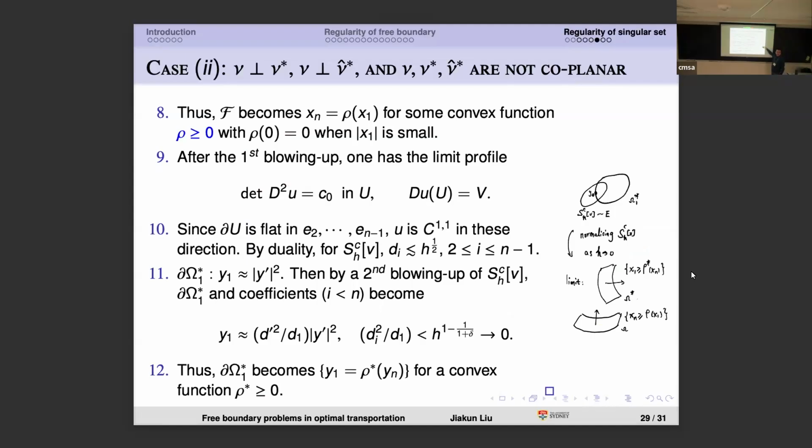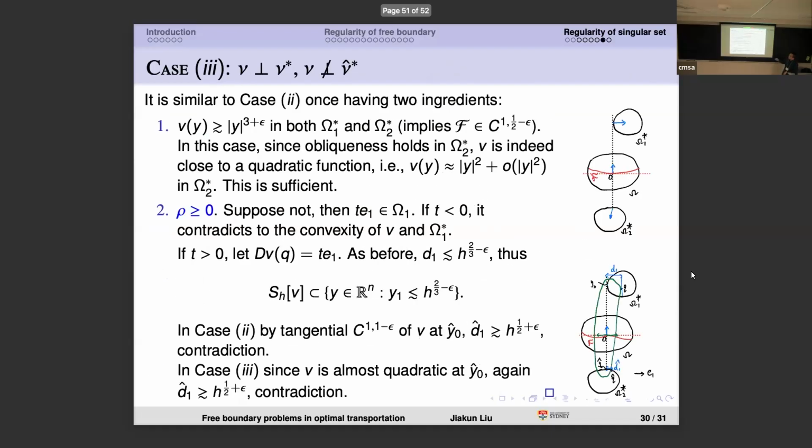So a higher dimensional domain will be reduced into a two-dimensional domain. So how to describe that? That's a product, right? The convex domain will become a convex curve times all the other directions. So it's a splitting. Once we have the splitting, we can derive the contradiction. And similarly, case by case, along the same idea, you play the same game.